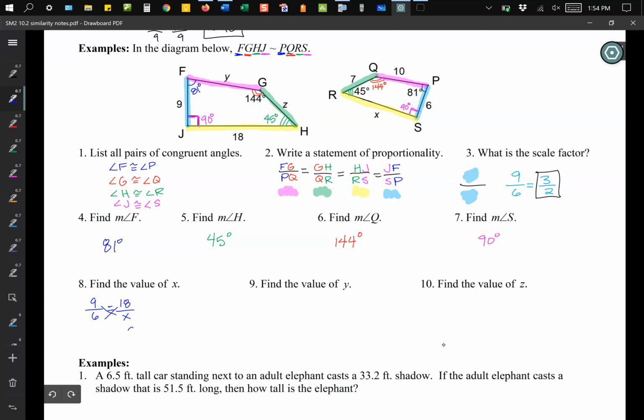So that gives me 9x equals, let's see, 6 times 18.